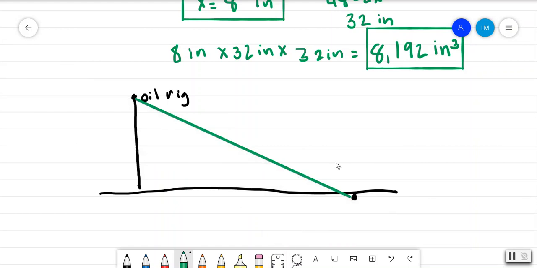Okay, so if we label this as x, and let's say that we know, for example, that this right here is 18 miles.